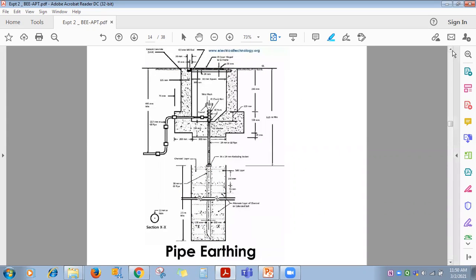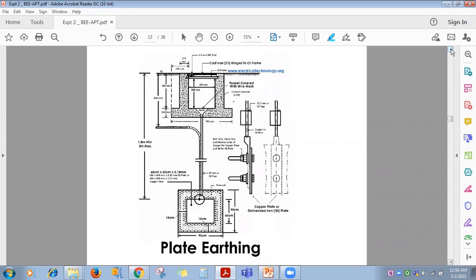So what is done in plate type and pipe type of earthing? Under the ground at some particular depth, they make a pit, and in this pit they put this galvanized iron or copper plate. Around this plate in the pit you will find alternate layers of salt and charcoal. All of you know, the more the moisture content, the lesser the resistance.